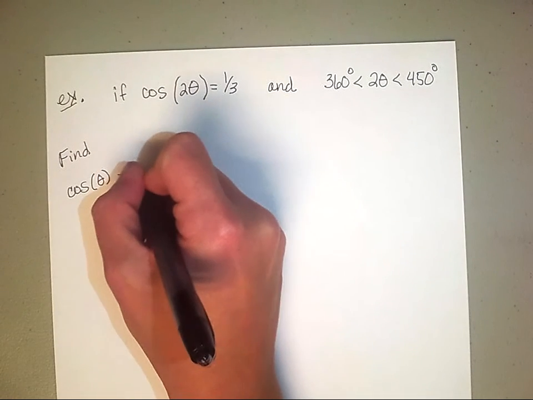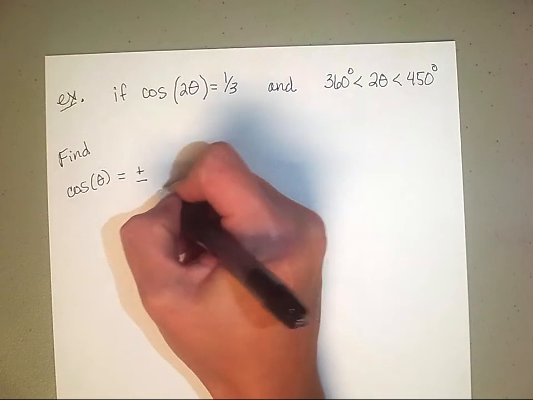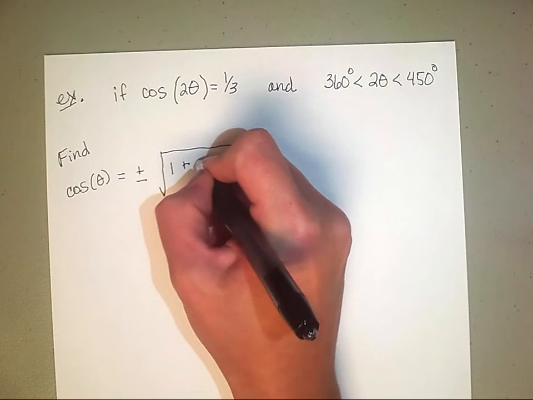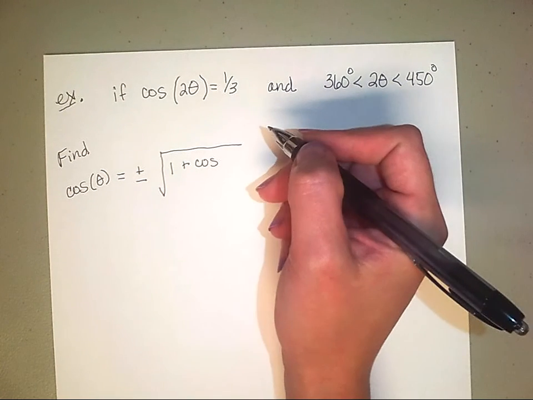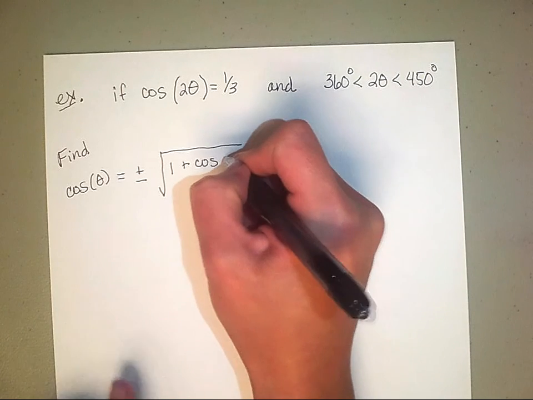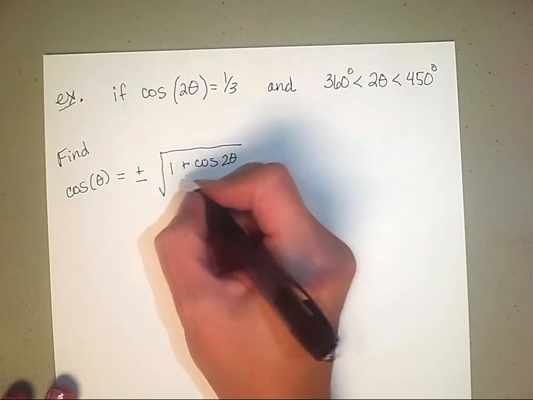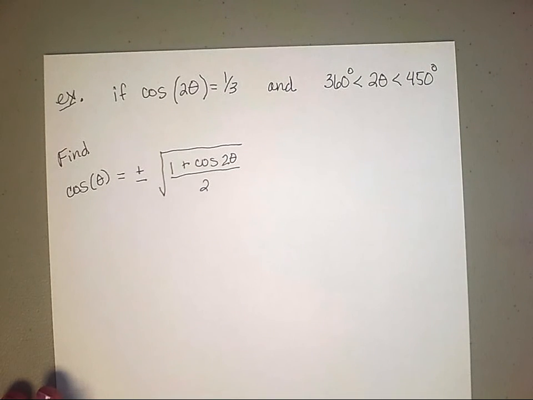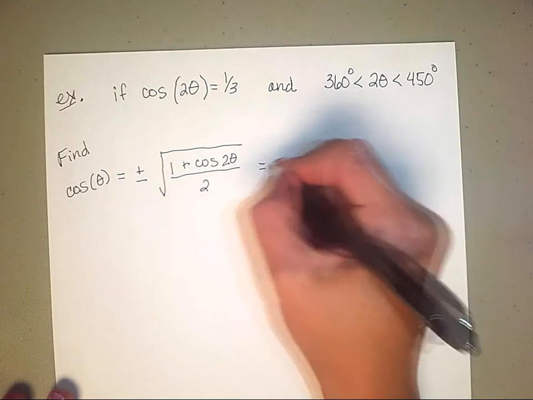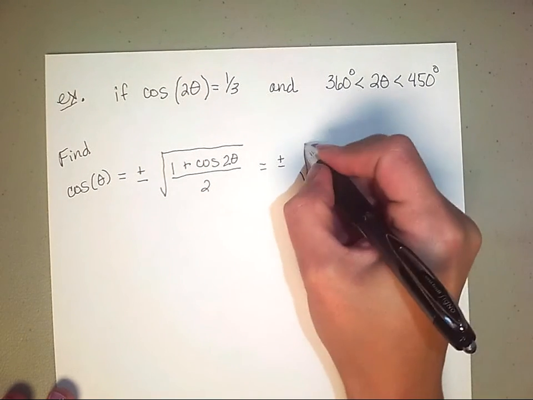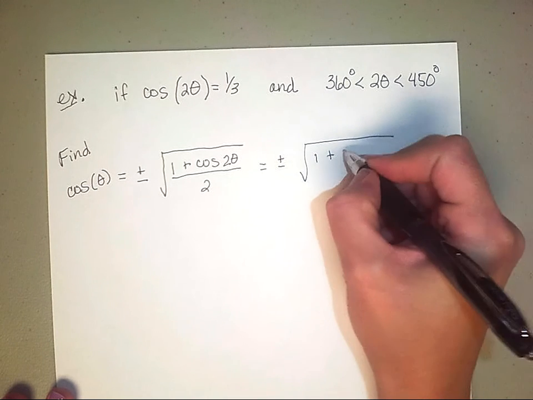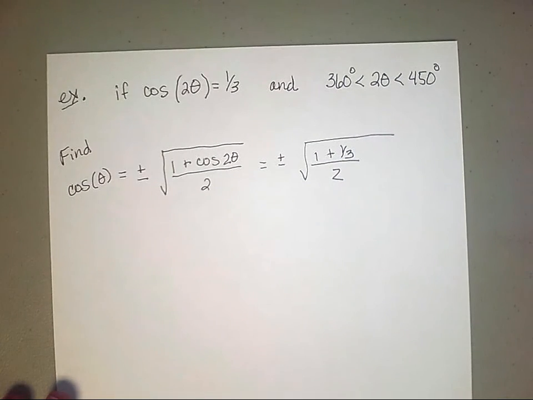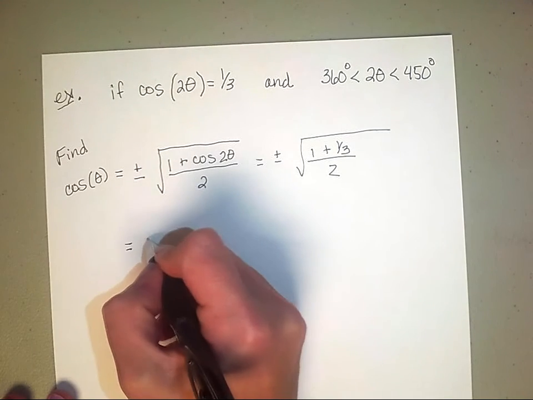So we will use the half angle formula that says plus or minus the square root of 1 plus the cosine of 2 theta over 2. So this is equal to plus or minus the square root of 1 plus 1/3 divided by 2.